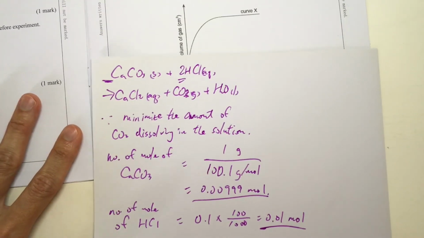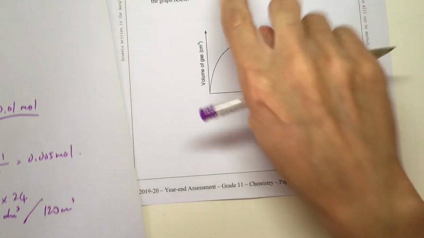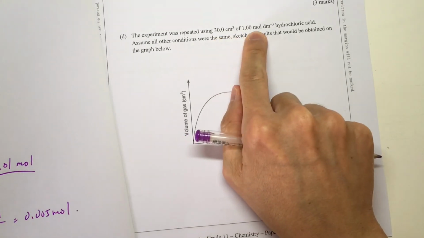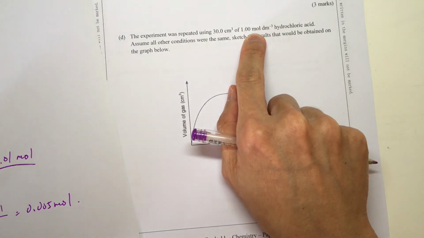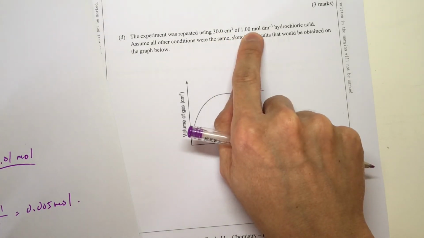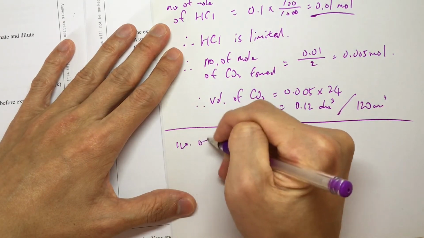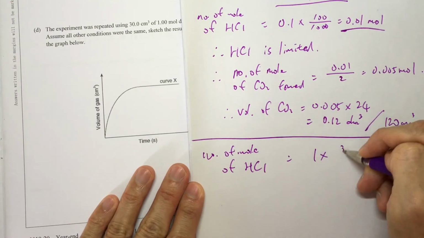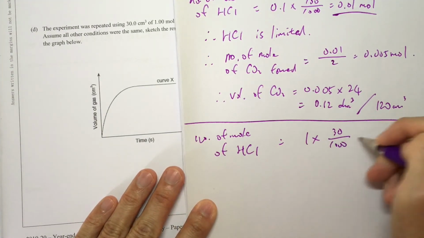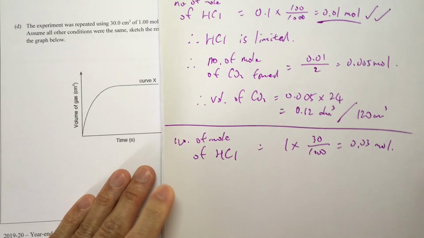Well, next one is the experiment is repeated using 30 cm cube of hydrochloric acid. Now, from the value, the volume will be less, but it is more concentrated. So you should keep in mind that the number of mole of HCl is m times v, which is greater than before.